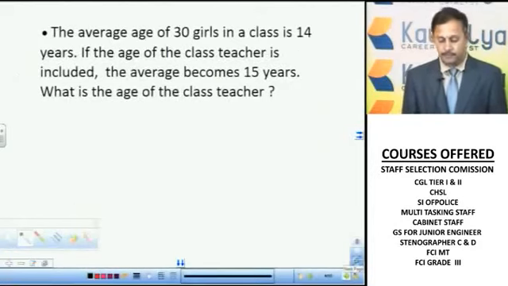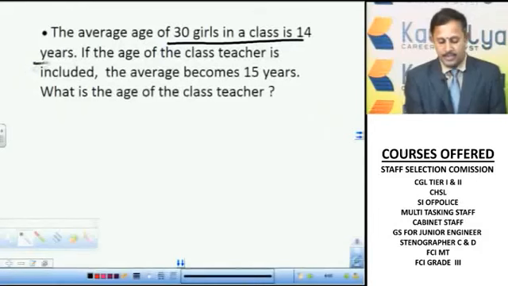Next, second example, which is mostly repeated in different competitive examinations. The average age of 30 girls in a class is 14 years.